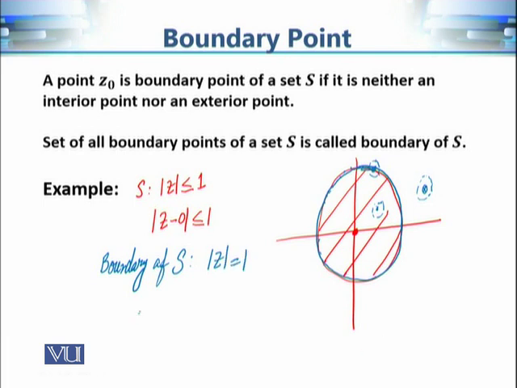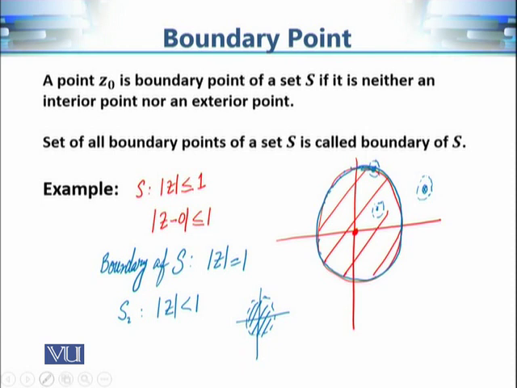Similarly, consider another set S2 defined by this inequality. What is this set S2? This is an open disk, in other words the set of all points whose distance from the origin is strictly less than 1. In this case it becomes something like this. Now the boundary is not included.